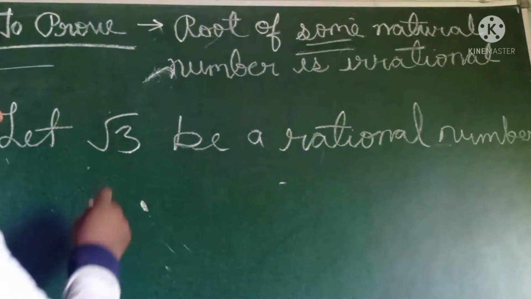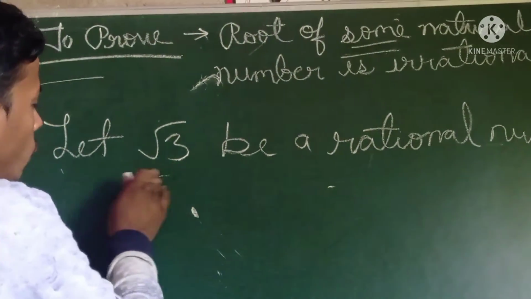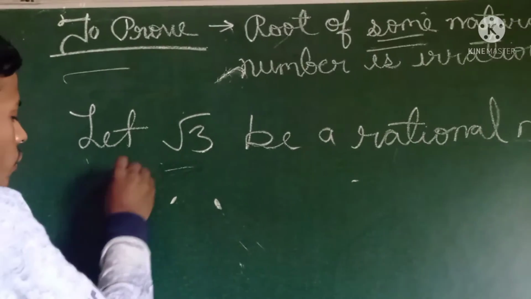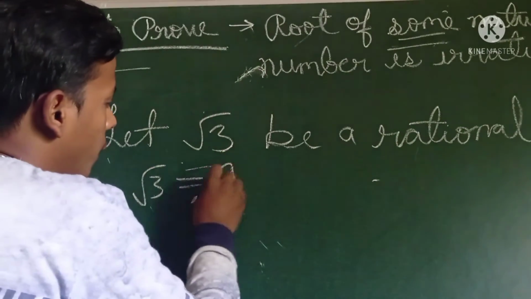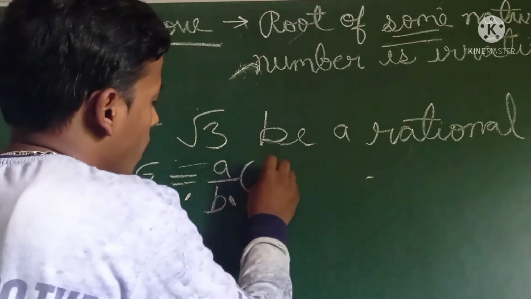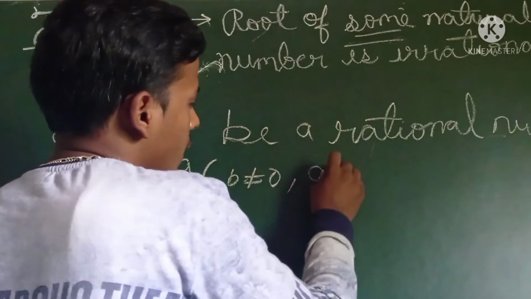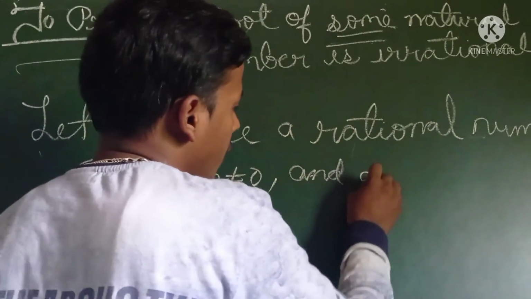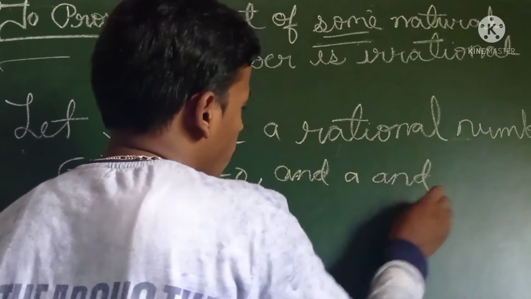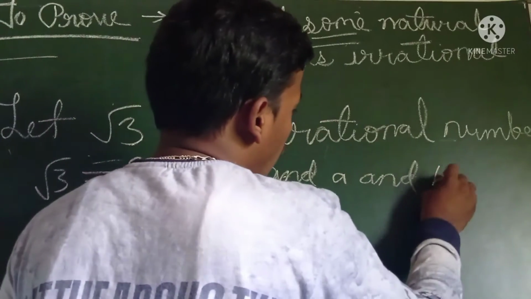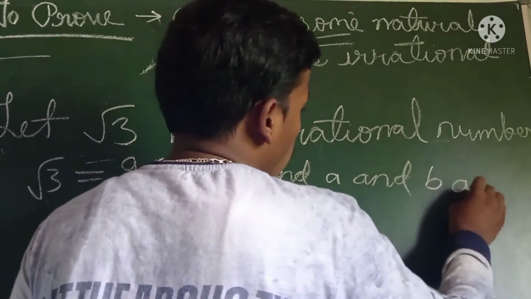As we assume that root 3 is a rational number, we can write root 3 equals a by b, where b is not equal to 0 and a and b are coprime.